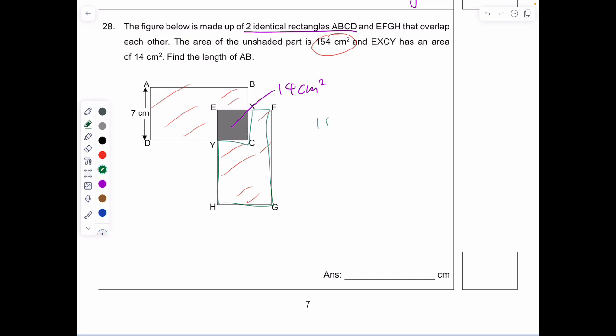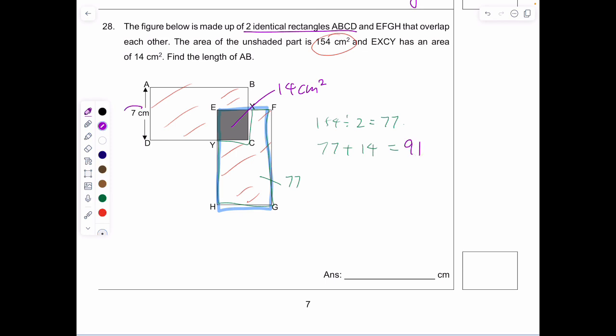So that would be 154 divided by 2, and that is 77. Now, this 77, I then want to add back in the 14, so it gives me the entire area of one full rectangle. So in this case, 77 plus 14, that will give me 91.